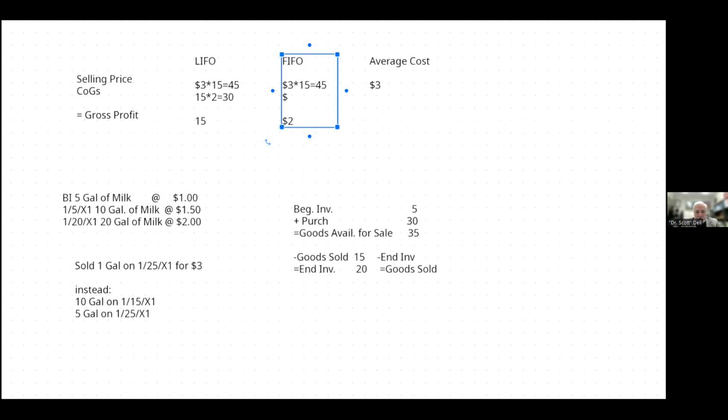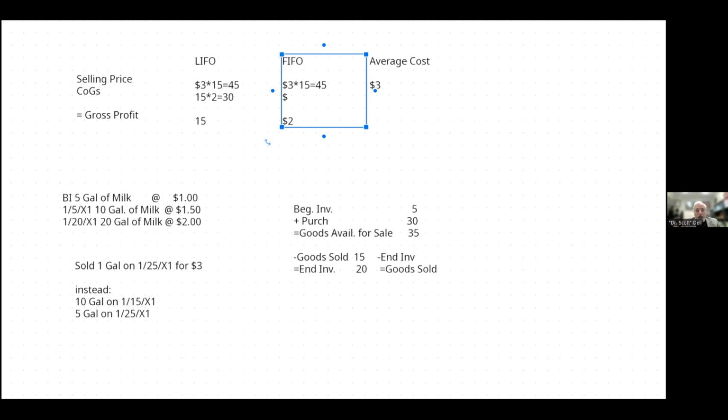So that's 10 times $1.50, which should, if all goes well, so we got $5 plus $15, we should have $20. And if we take $20 from 45, that leaves us with $25 in our gross profit. So when prices are rising, as you just see, gross profit is higher with FIFO or lower with LIFO.